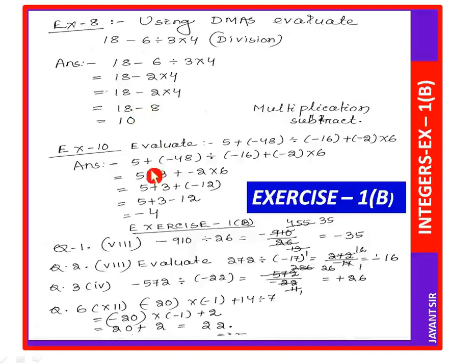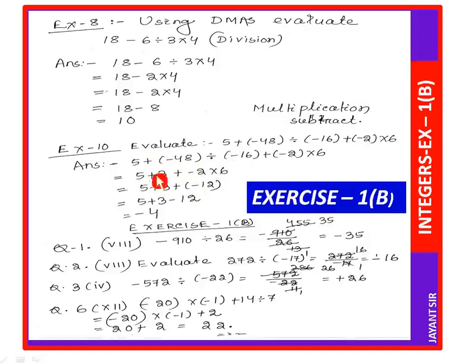Now example 10: evaluate 5 plus minus 48 divided by minus 16 plus minus 2 into 6. Here division is there, multiplication is there. What is to be done? Minus 48 divided by minus 16: minus by minus is plus, 16 threes are 48.